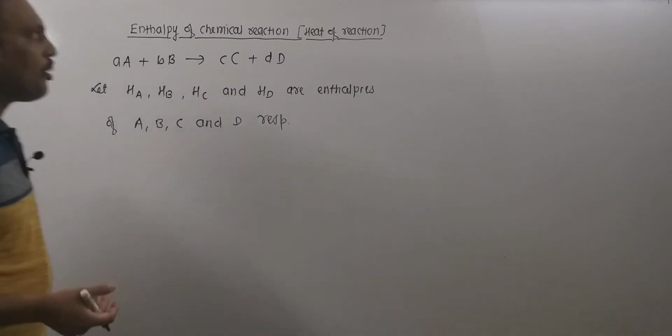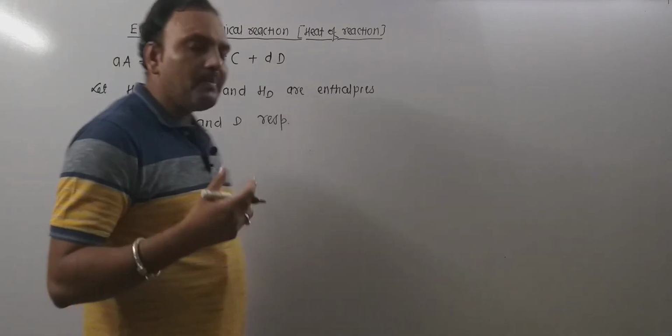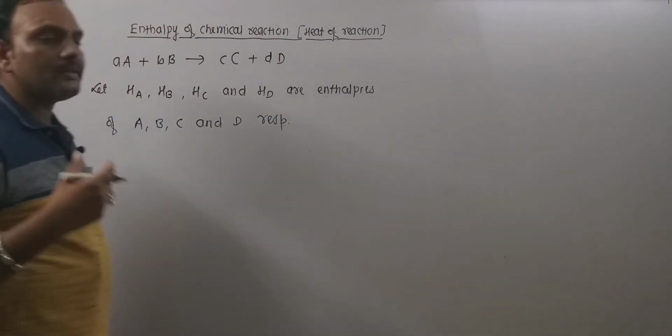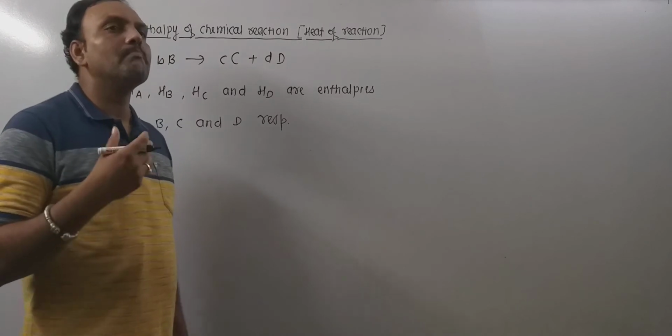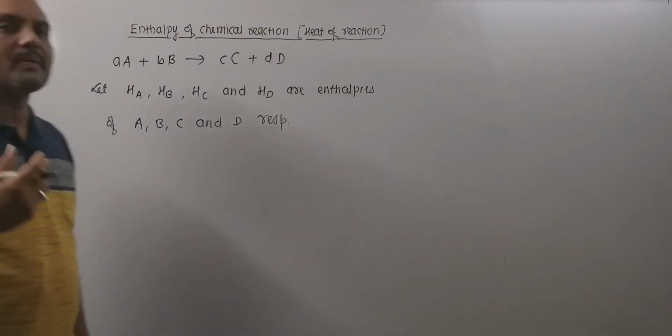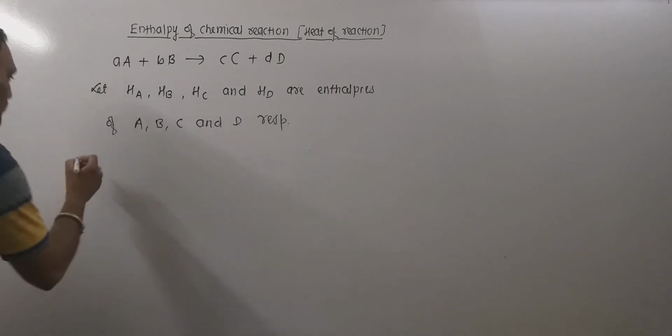Now the heat of reaction, or change of enthalpy of reaction, can be given as: the total enthalpy of product minus the total enthalpy of reactant gives the enthalpy change of the reaction.